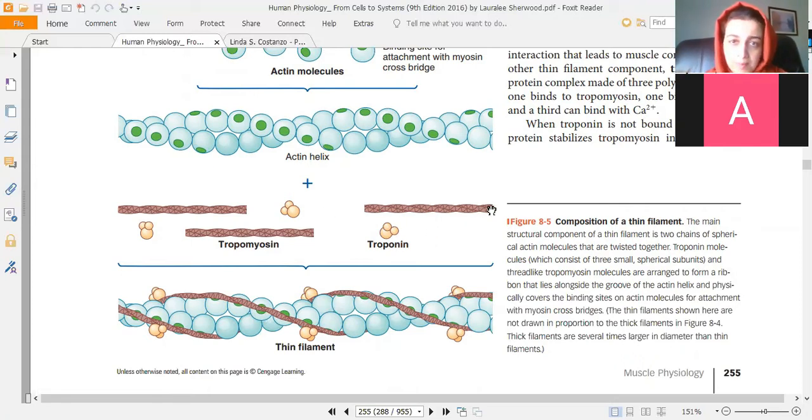Tropomyosin is like 2 filaments again wound around each other, and this will cover the actin binding sites, and along the tropomyosin will be the troponin attachments, and troponin will act like a switch to remove the tropomyosin from the active sites on actin whenever there is the necessary stimulus.